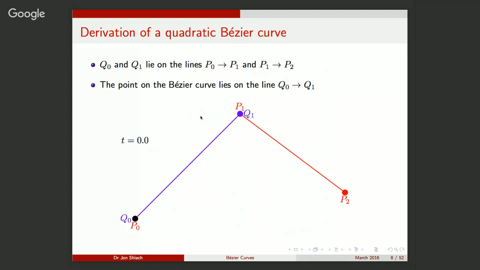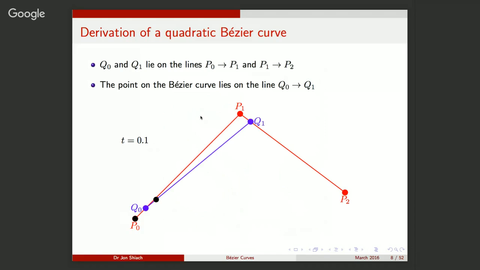Now when t is equal to 0, using the parametric equation of a straight line, Q0 is at P0, Q1 is at P1. But if I increase the value of t to be 0.1, Q0 is now 1/10 of the way along the line joining P0 to P1, and Q1 is 1/10 of the way along the line joining P1 to P2.